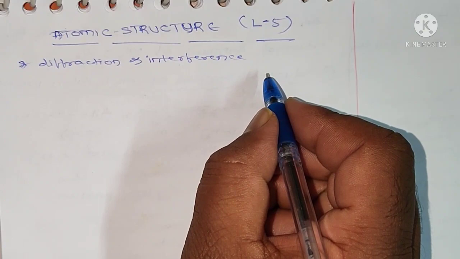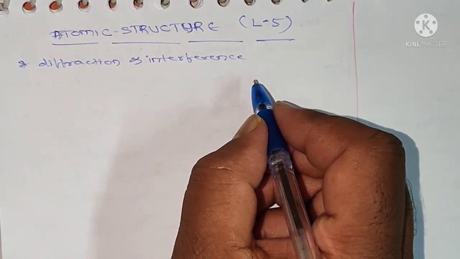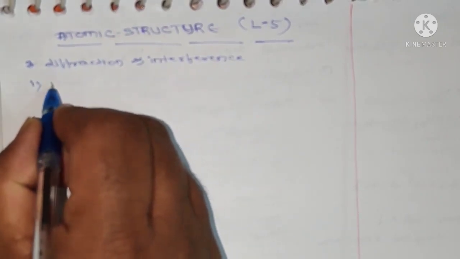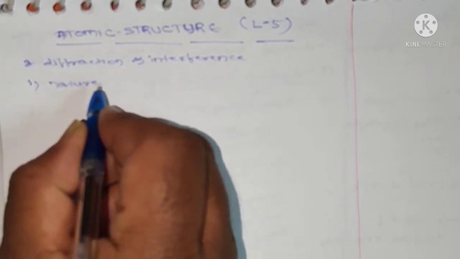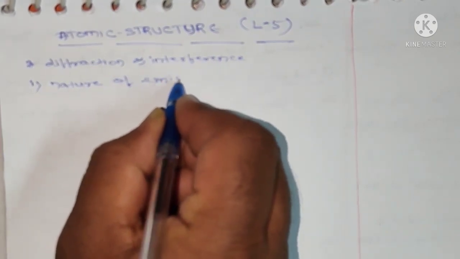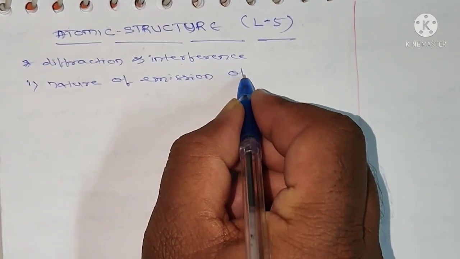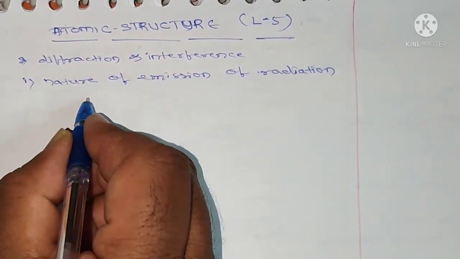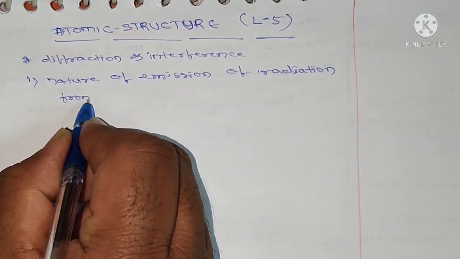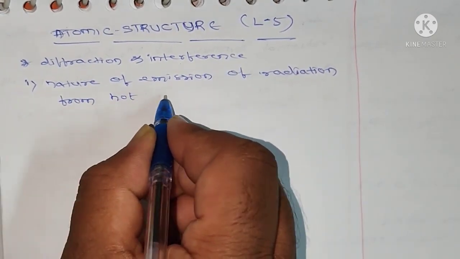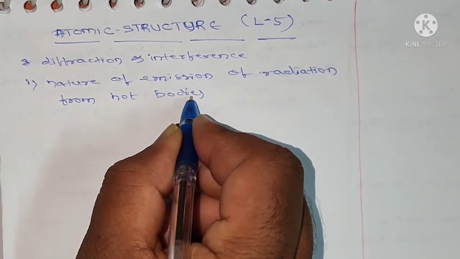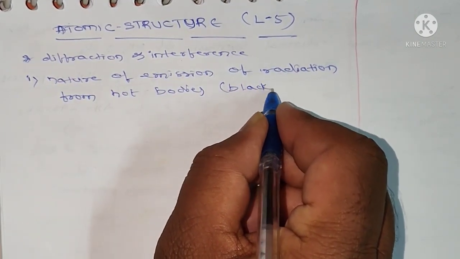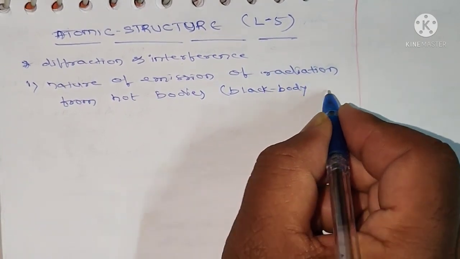But the nature of emission of radiation from hot bodies is called black body radiation.